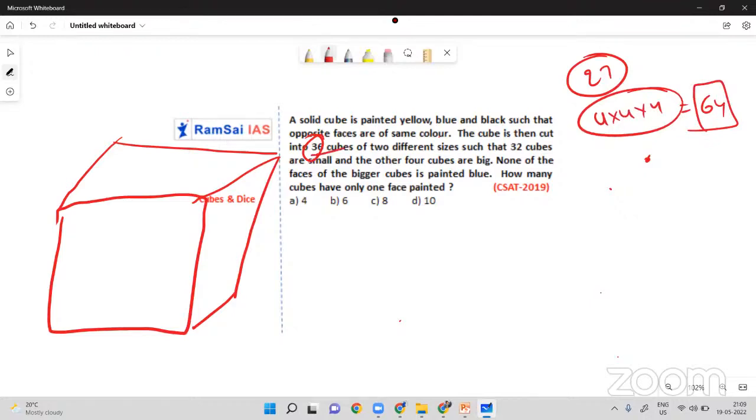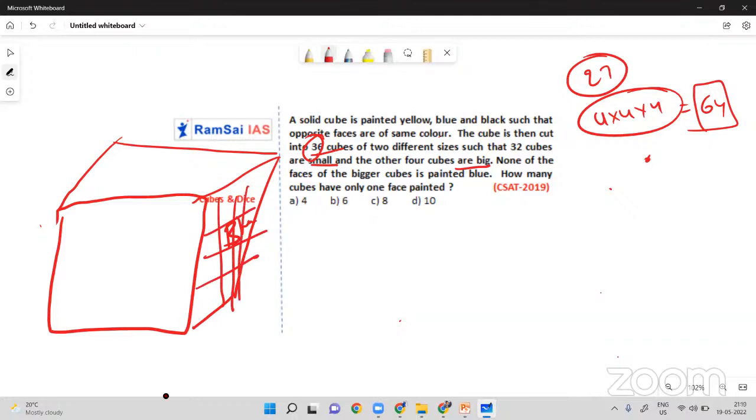It will be possible when we have smaller and bigger cubes, right? But they said no bigger face has blue color. If I consider this side and opposite side are blue color, then these cannot be bigger cuts. So it will have 1, 2, 3, 4, 1, 2, 3, 4.